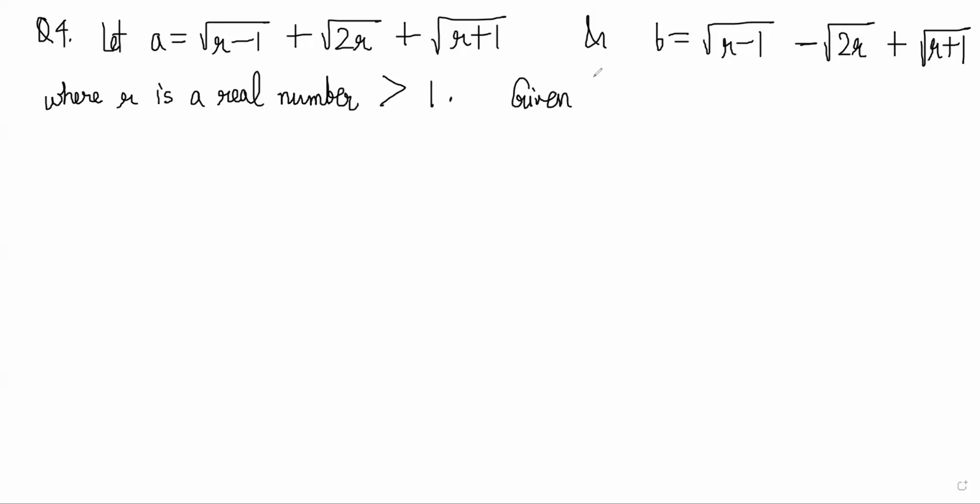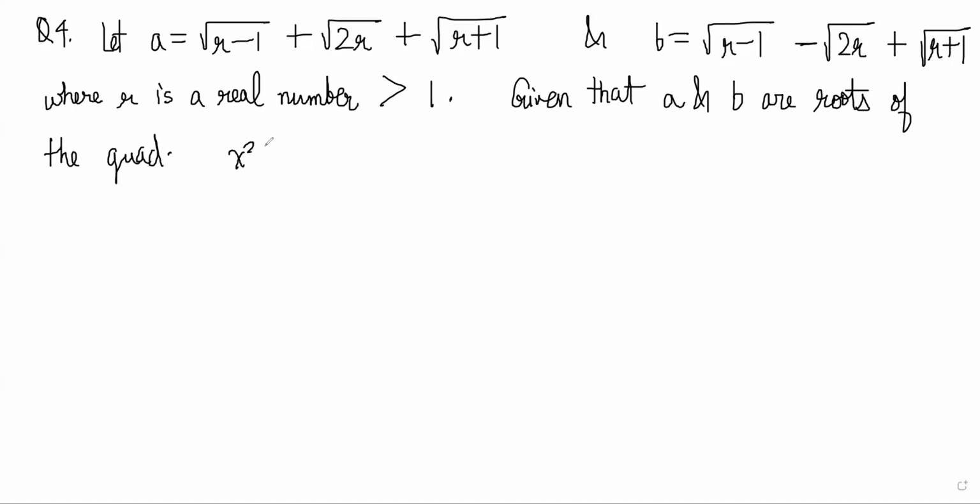Given that A and B are roots of the quadratic x square plus cx plus root over 2021 is equal to 0, find C.